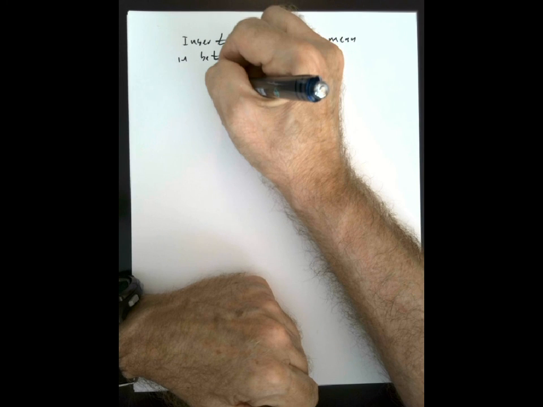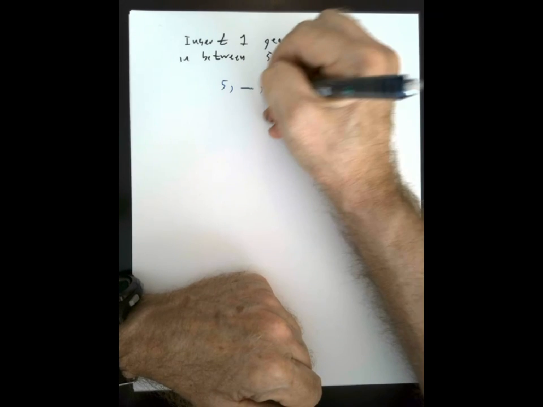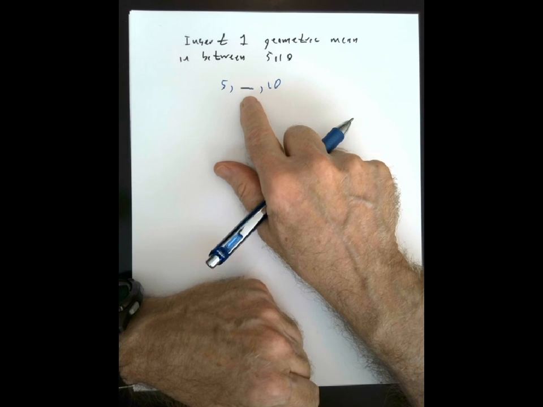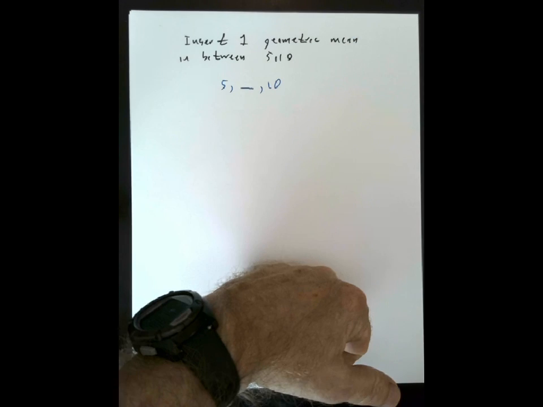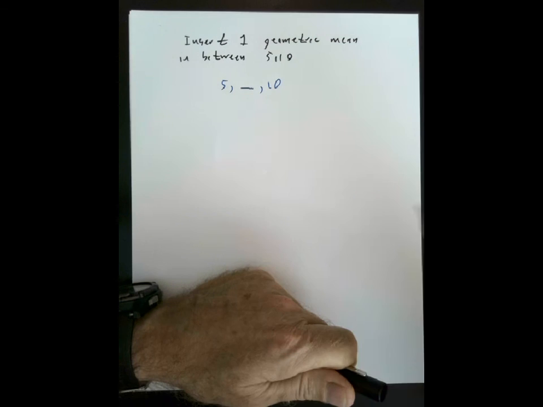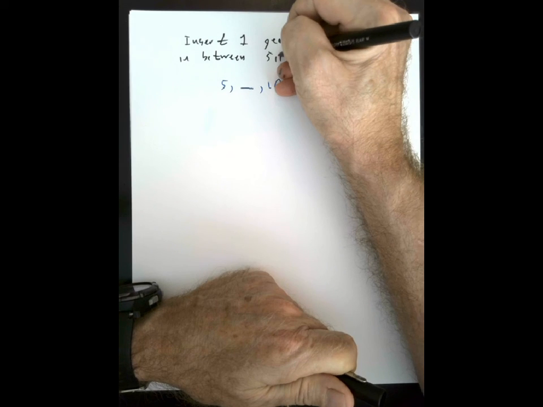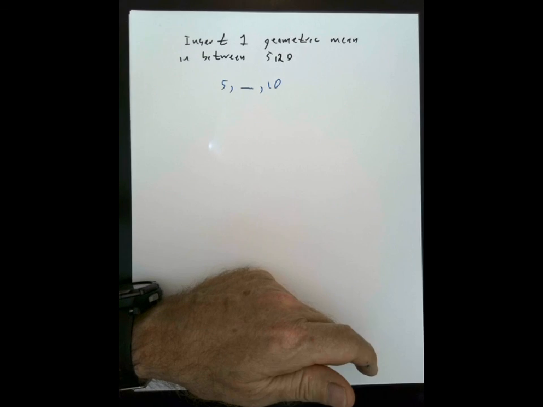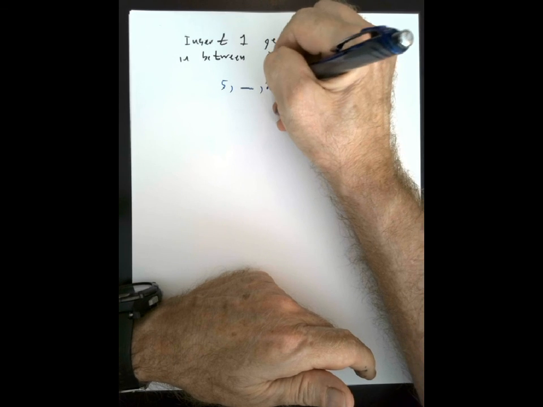So in other words, that's going to give us this sequence here, 5, and then a number in between, and then 20, because we want one geometric mean. Sorry, I gave you the wrong problem. This is supposed to be 5 and 20. We'll do 5 and 10 next. Okay, so 5 and 20.